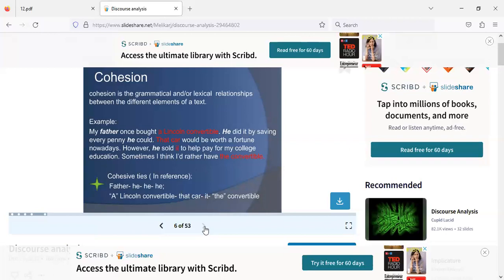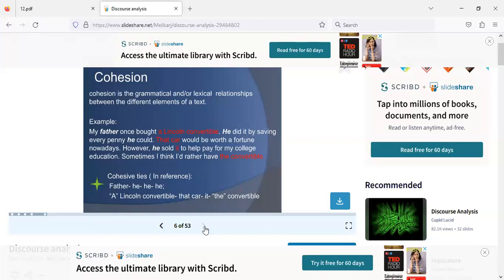How can we analyze this? Matching pronouns: you find the pronouns here. What would the pronouns be related to? It's about the father, and it's a male pronoun. Yes, he. It's a kind of reference. Yes, my father.